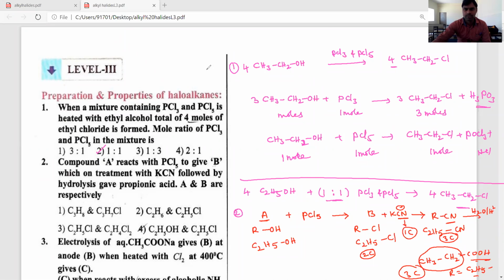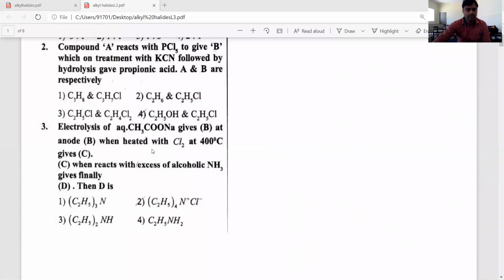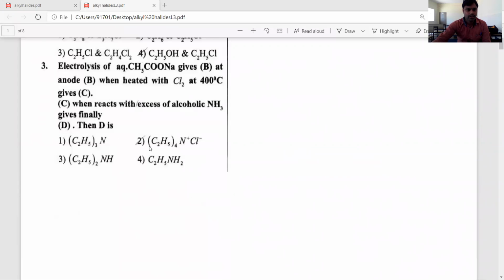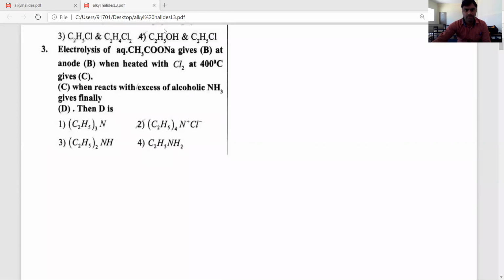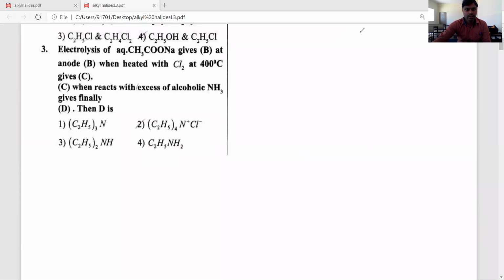Okay, let's go for the third question. Let's see the electrolysis of sodium ethanoate, the Kolbe electrolysis reaction.